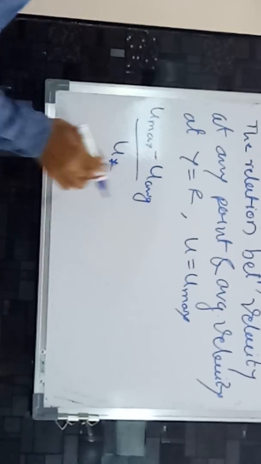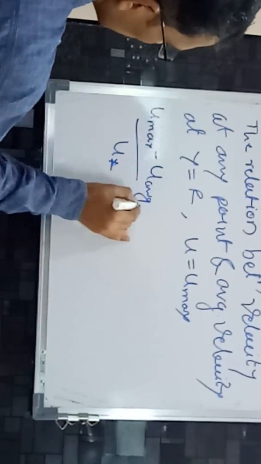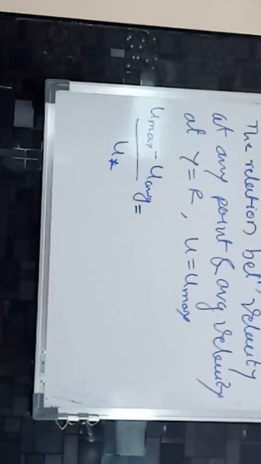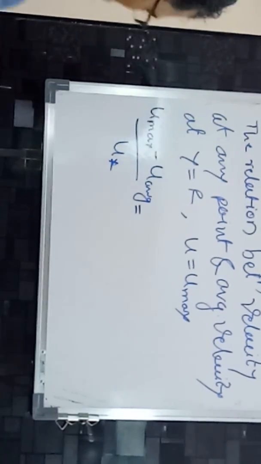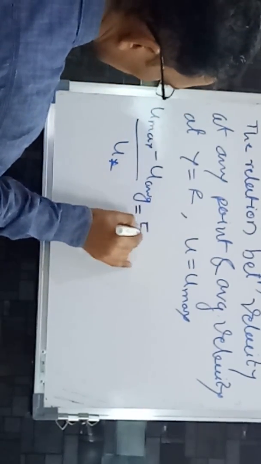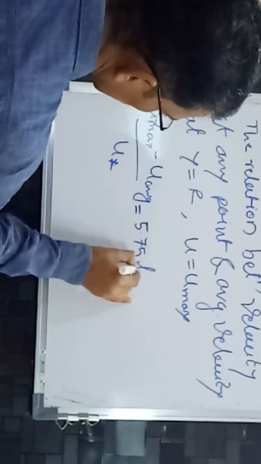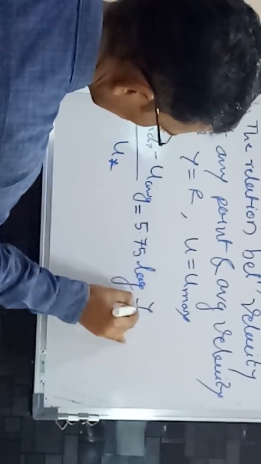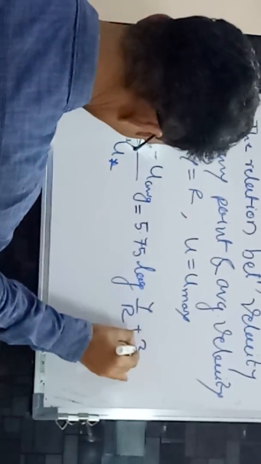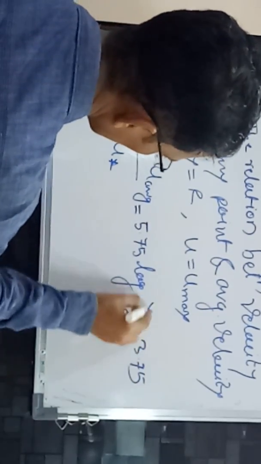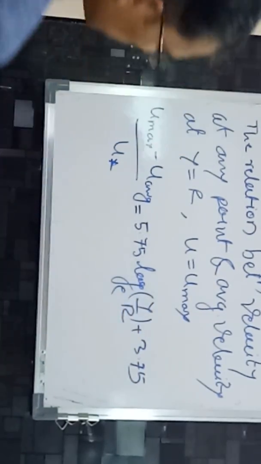We require the average velocity. So how to find average velocity? With the help of this formula.